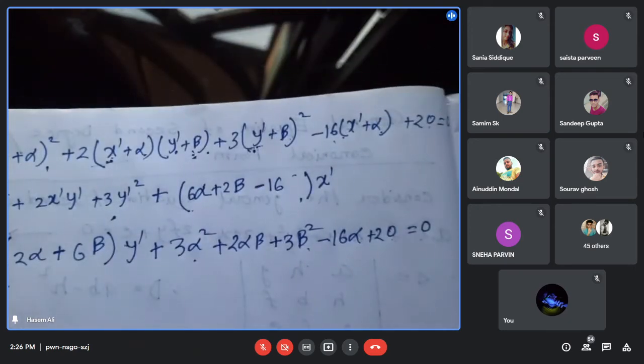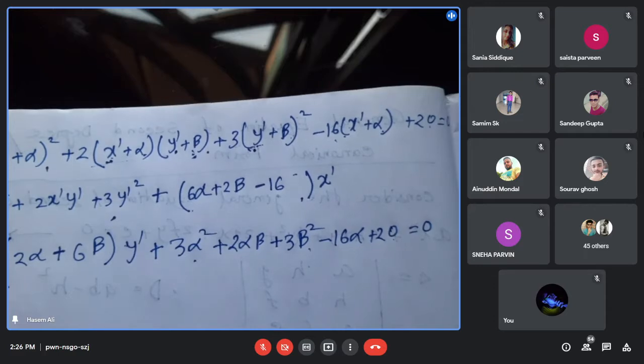Now we want to remove the first degree term. Since we move the origin to the center, we actually want to remove the first degree term.